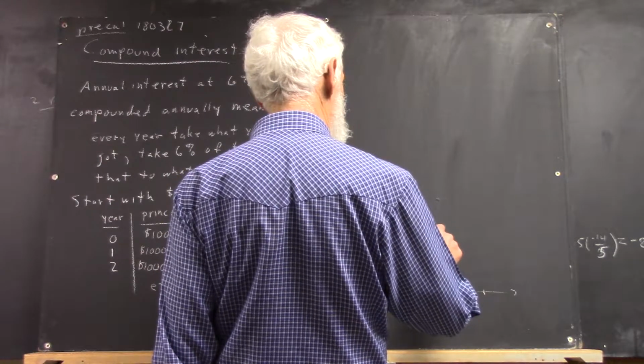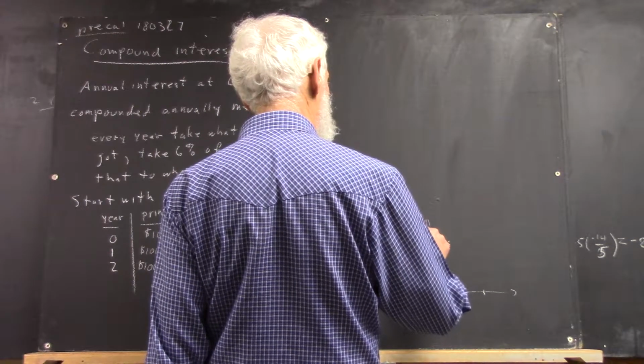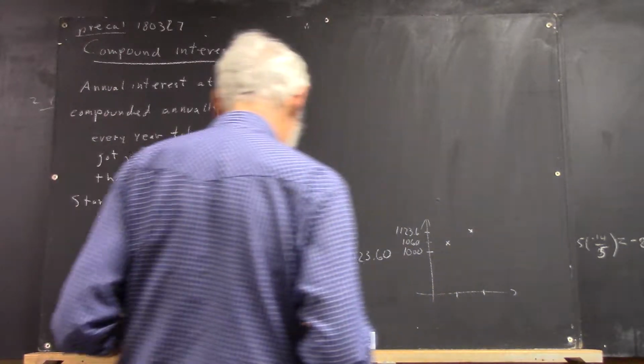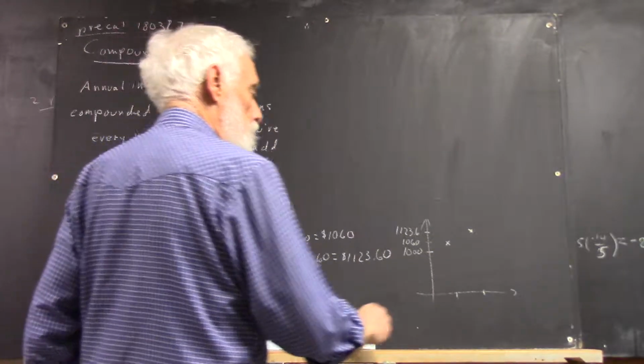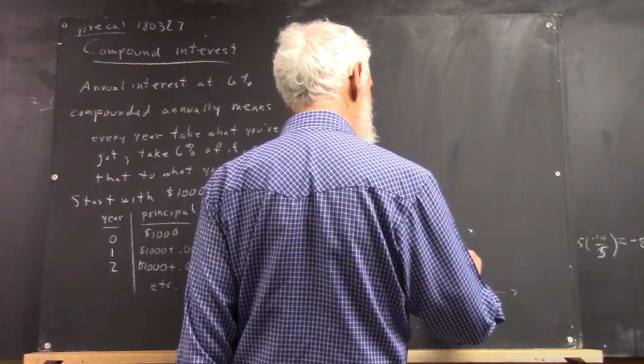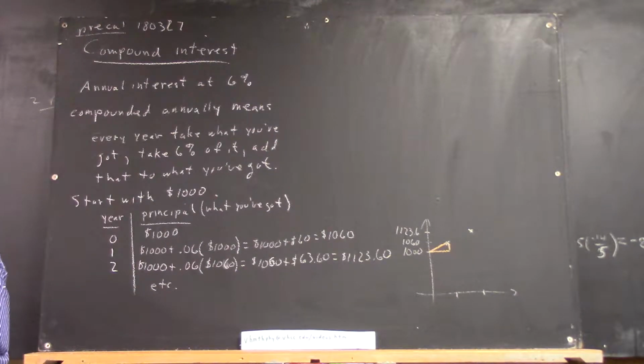And then after 2 years, you have 1123.60. Okay, so you have another point in your graph. Now, if I do a fundamental triangle between the first 2 points, what's my slope? 60. Yeah.